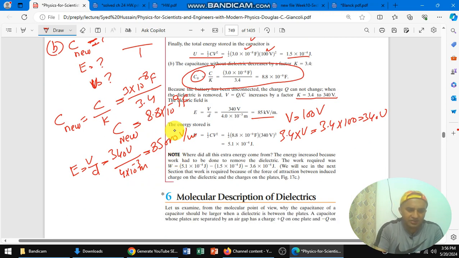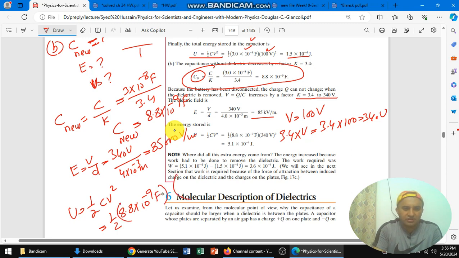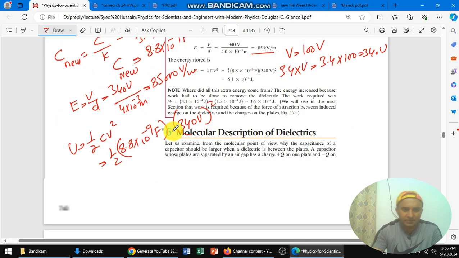The final thing is the energy stored, half CV square. So 8.8 into 10 to the power minus 9 farad for the capacitance, and the voltage is 340 volt, squared. That gives us the energy stored, equal to 5.1 into 10 to the power minus 4 joule.